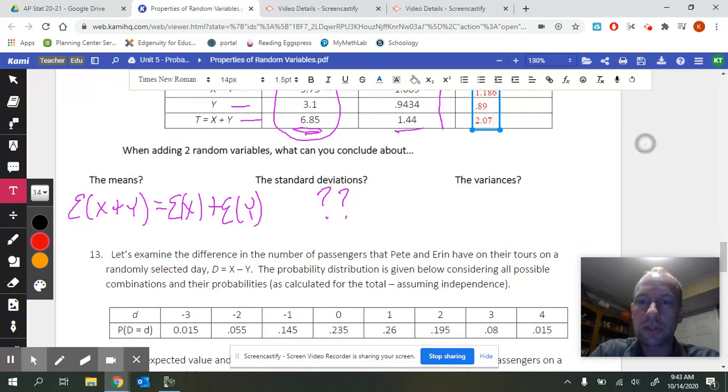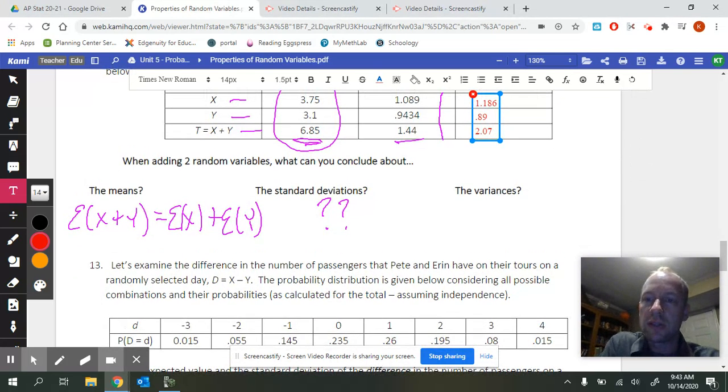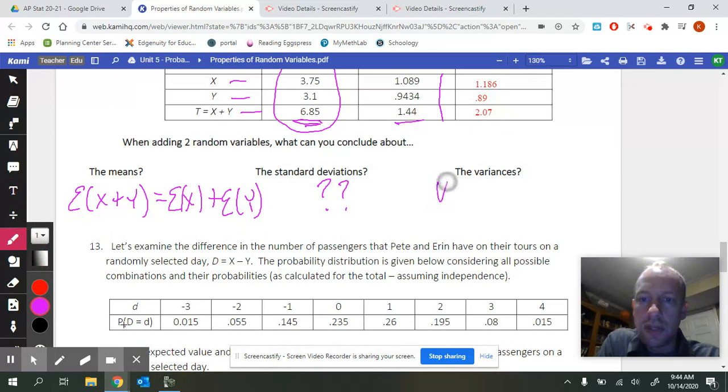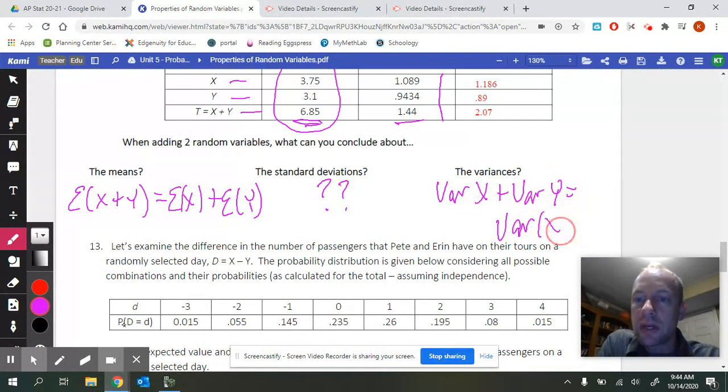We can now describe that the variances do add. Let me write that with just a shortcut of VAR: variance X plus variance Y equals the variance of X plus Y. If we write this a little bit differently, then we can appreciate a nice way to remember this.